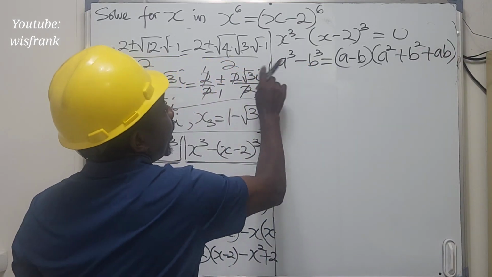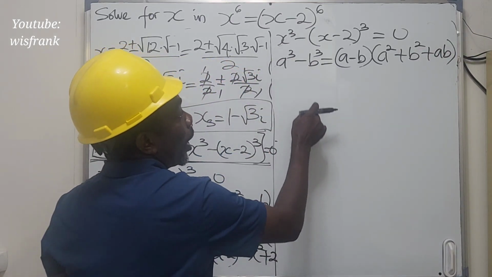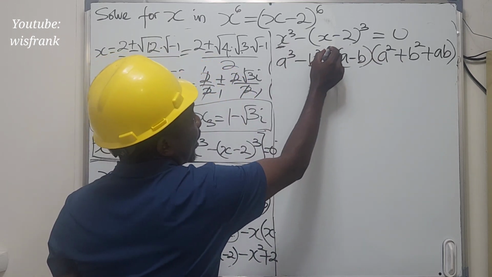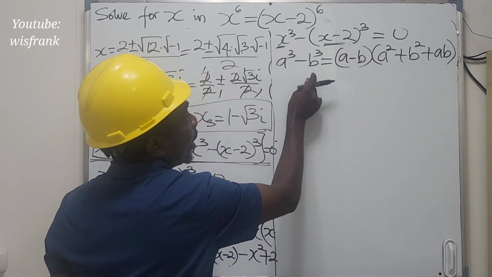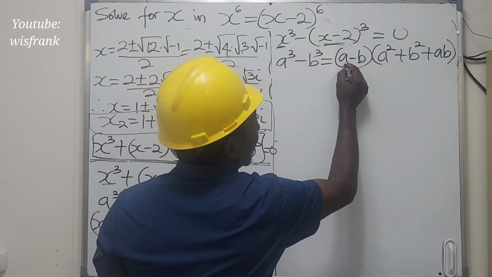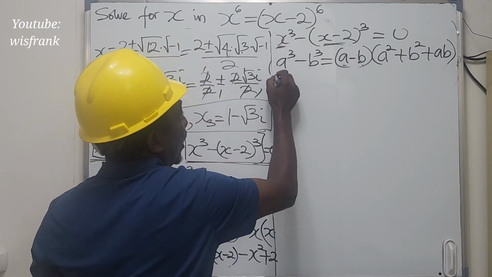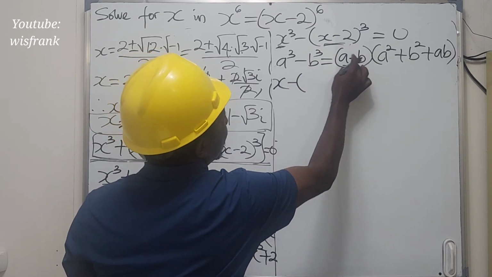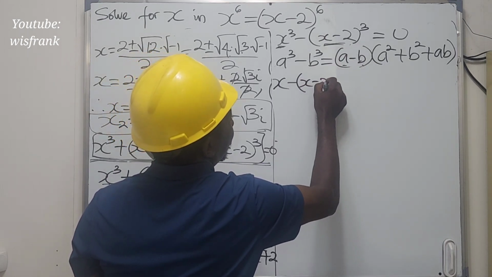So we are going to express this in this form. In that case, this is our a and this is our b. So expressing this in this form, we have a minus b. Our a here is x, minus b, where b is x minus 2.